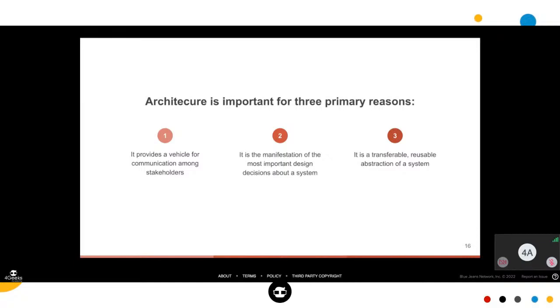And because they have an influence on our system, it's important to have good communication with them, right? How can we communicate with them? With a good software architecture. Try to explain, try to document, and try to use the software architecture as a vehicle of communication, right?